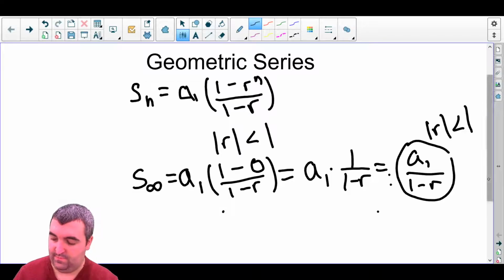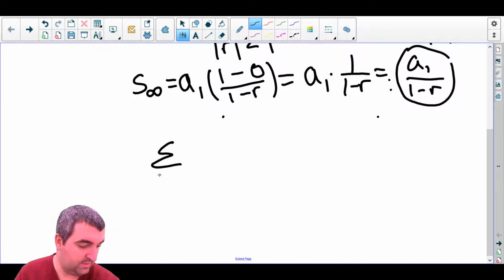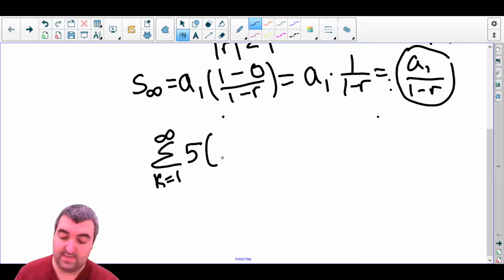Okay, so real quick, let's see an example. Let's say we have sigma from k equals 1 to infinity. When you see the infinity sign on top of the summation, you know it goes to infinity, but it doesn't necessarily mean that there exists a sum.